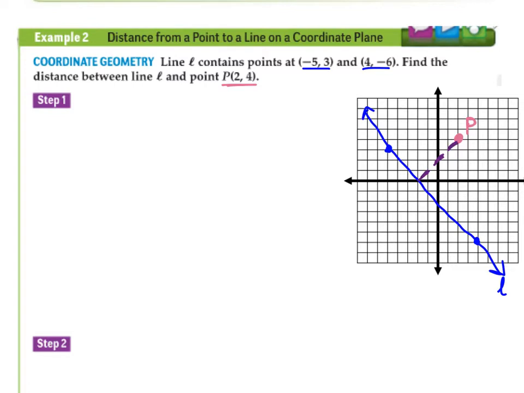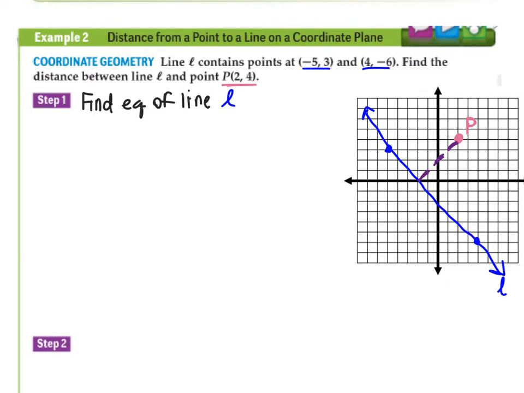So the first step to accomplish that, we need to find the equation of line L. I'm going to be shorthanding some of this just to save some space. So, finding the equation of line L, we know that it has to be in slope-intercept form.